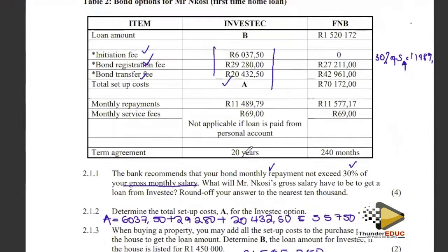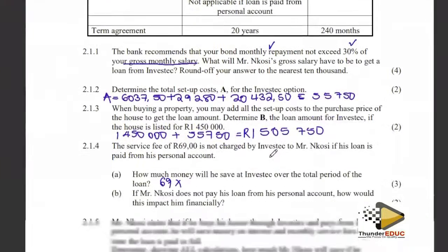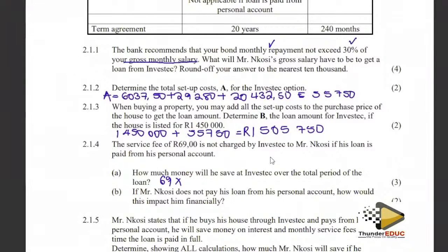Let's see the period. It's over 20 years. We multiply by 12, these are the months in a year, because this is a monthly service fee. So times 20 years, 69 times 240. You've saved 16,560.